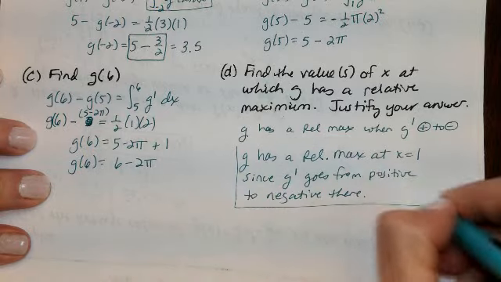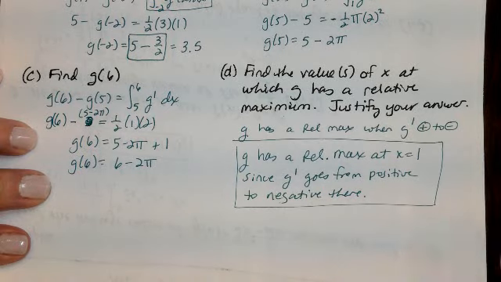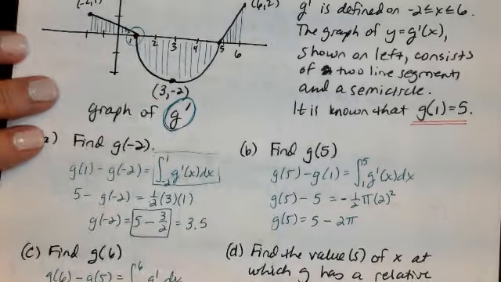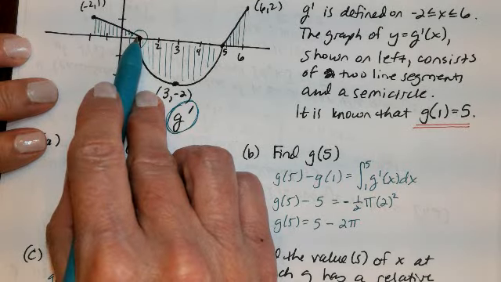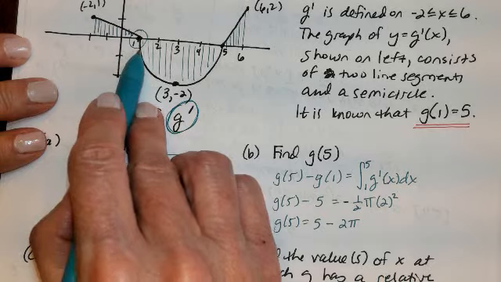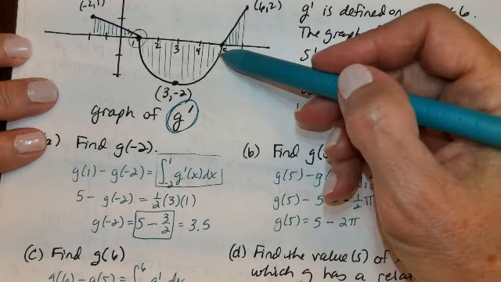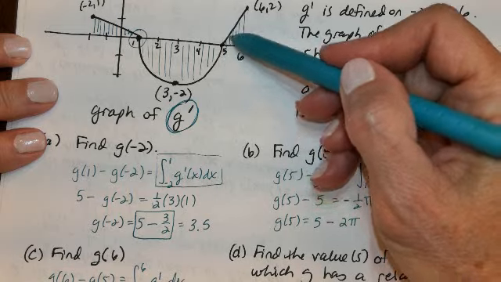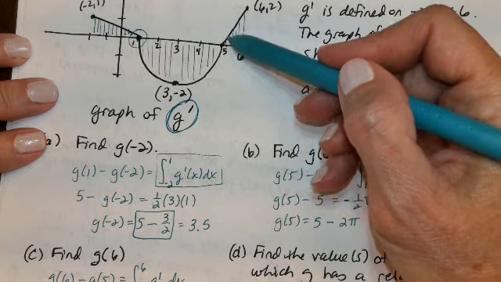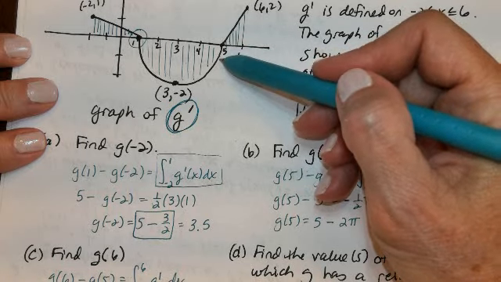That would be my answer with justification. Okay? There's no other value of x where G prime goes from positive to negative. Over here, G prime goes from negative to positive, so that would be a relative minimum. X equals 5 would give us our relative minimum of G.